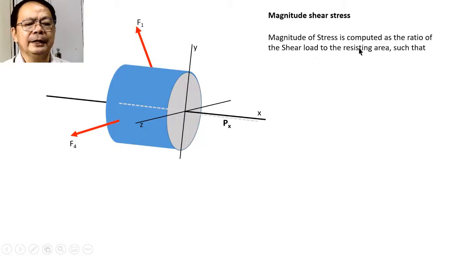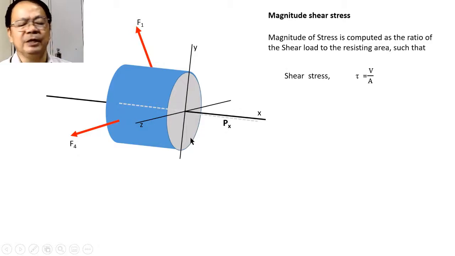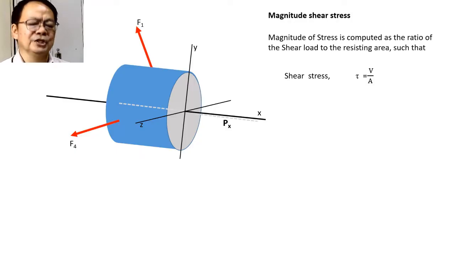While the area is the resisting area, this area that is cut by the exploratory section, such that our shearing stress is given by the formula tau equals V over A, na kung saan yung V, yun yung tinatawag nating shear load. In our example kanina, yun yung ating P sub Y at yung ating P sub Z, because these are the loads that are directed parallel to the resisting area. Okay?